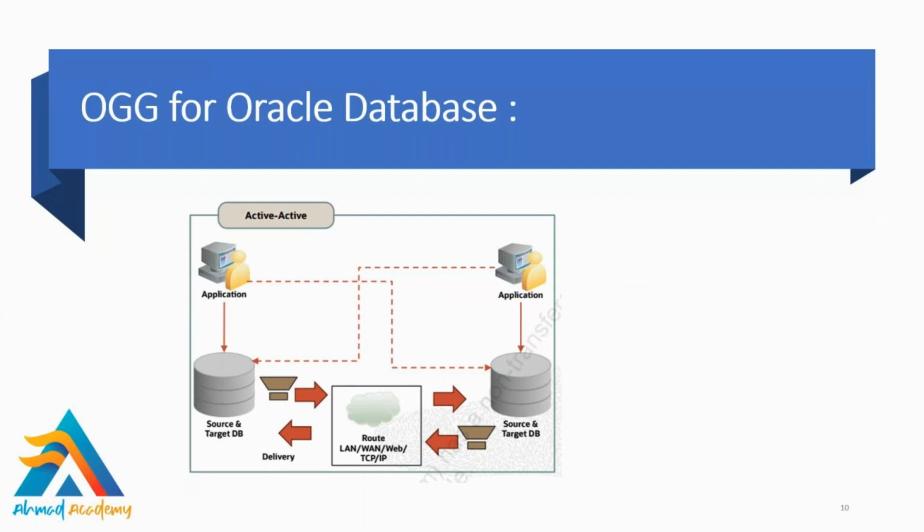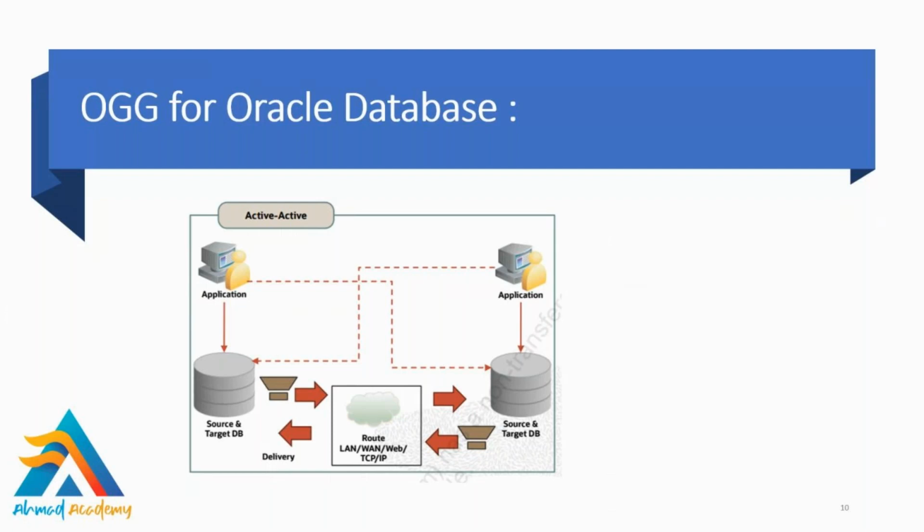So active-to-active configuration also enables continuous system availability because of the ability to work with the remaining database if one database fails. Data can be filtered to move only certain schemas, tables, or rows. So these are the points we should remember about active-active.